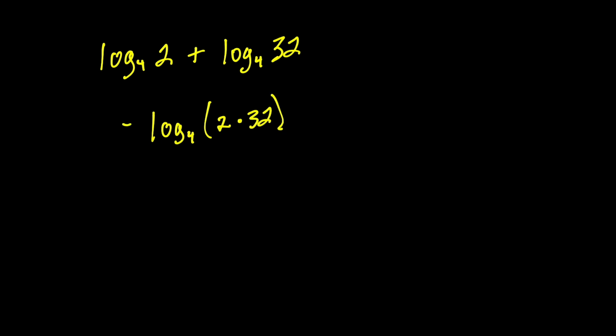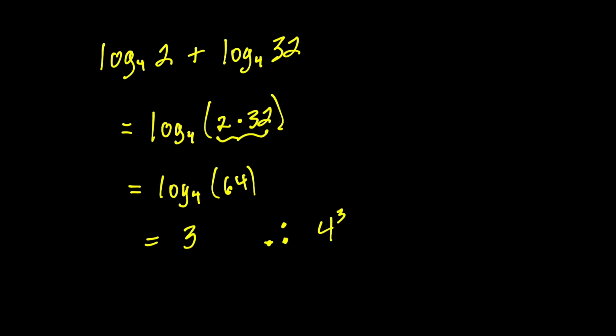When I simplify, I multiply these two numbers together. So it's log base 4 of 64, which of course is 3, because 4 to the third equals 64. All right, so there's a quick example.